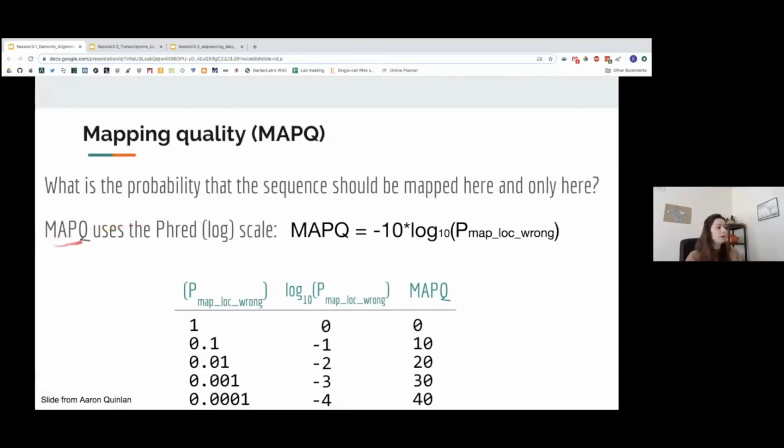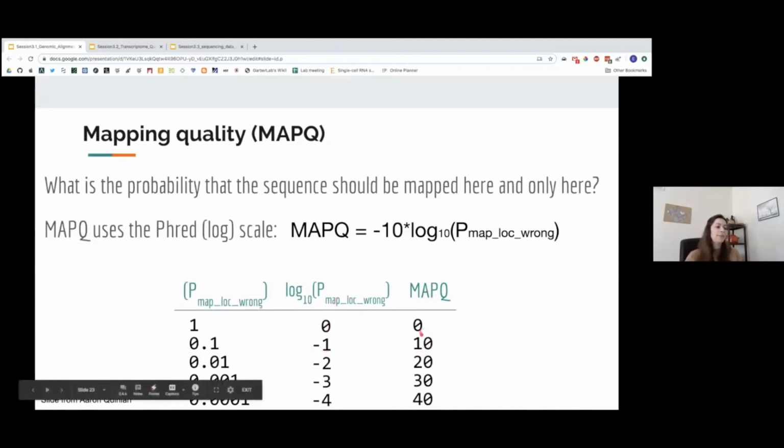So mapping quality also uses a Phred log scale, which we learned for the base qualities. Again, the formula is -10 multiplied by the log base 10 of the probability that you got the mapping location wrong. So if the probability of getting the mapping location wrong is 0.1, then the log 10 of that would be -1, and the mapping quality would be 10.